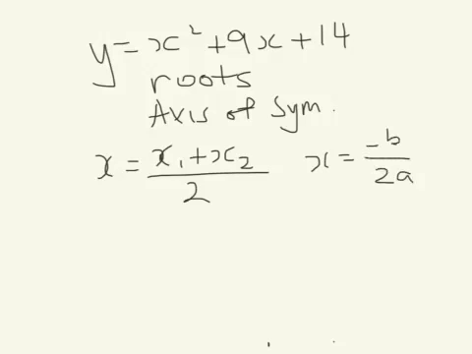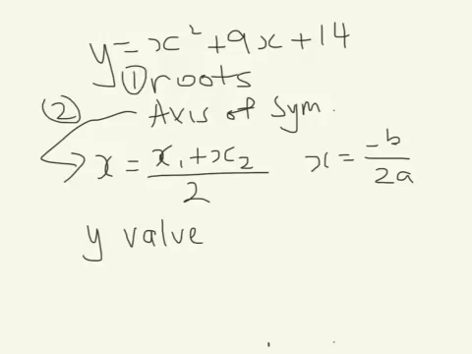Whichever one you like is the one that you can use, right? So your roots, your axis of symmetry, and then your y value. So 1, 2, and then 3.